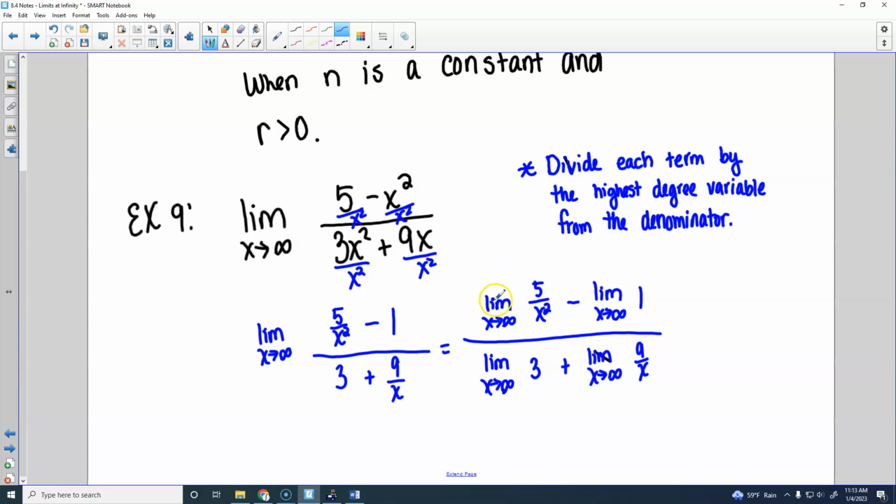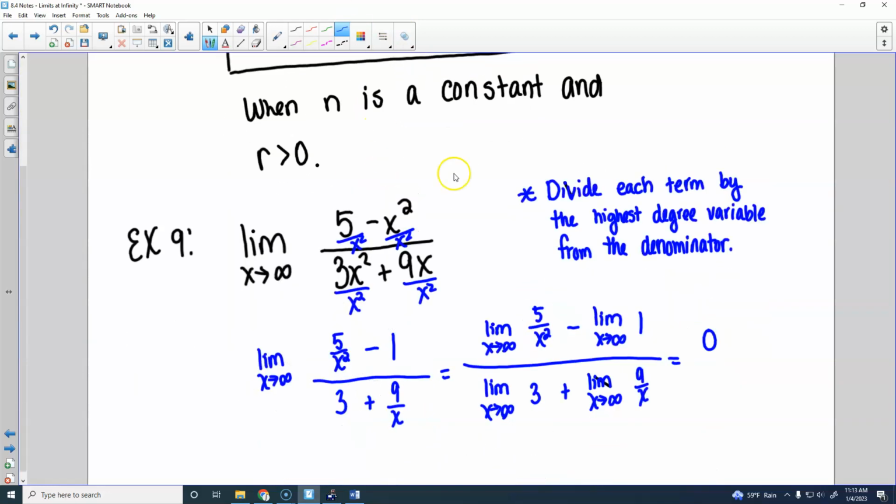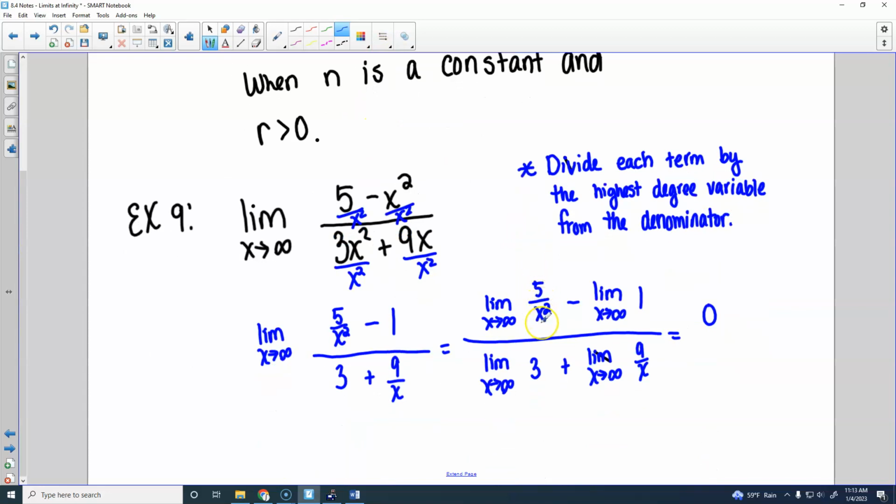What is the limit as x approaches infinity of 5 over x squared? That is 0. Because the bottom of that fraction is just going to get bigger and bigger and bigger. We're going to approach 0. That's why we spent so much time talking about this, right? You got a number divided by a variable in the bottom. For big numbers, that's going to approach 0. What's the limit as x approaches infinity of 1? It's 1, because 1 is just 1.